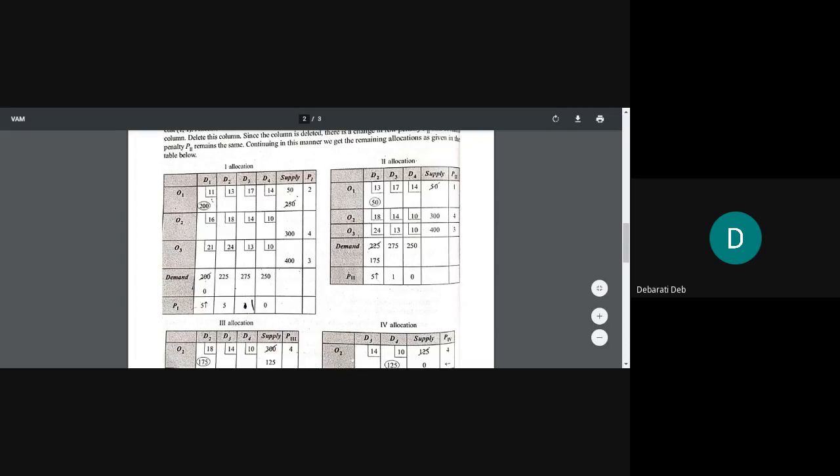Quickly make another column and name it as P1, capital P1. After the supply column, make another column and name it as P1. Similarly, after the demand column, make another row and name it as P1. Same, P1 for both the rows and the columns.